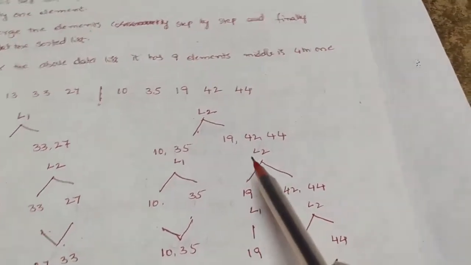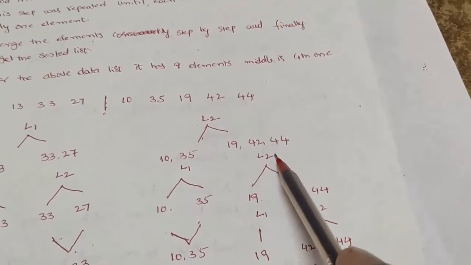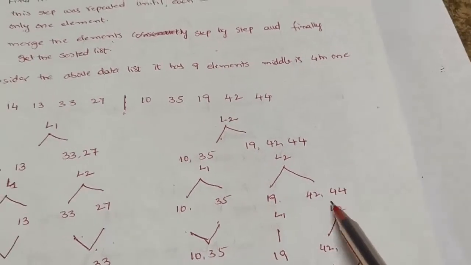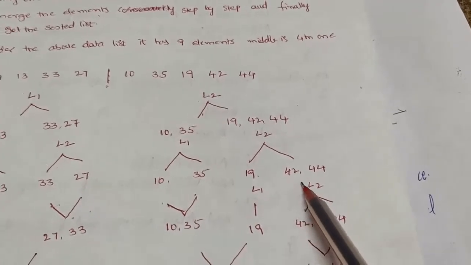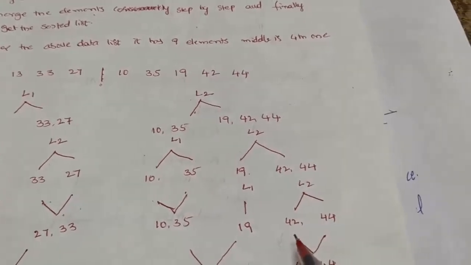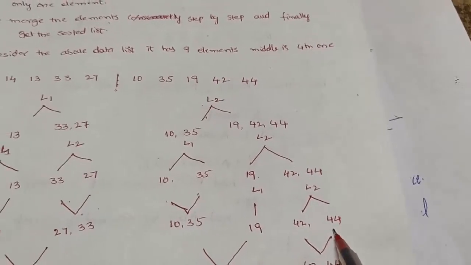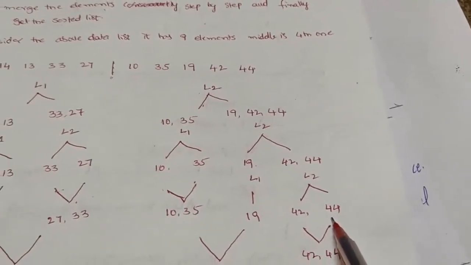Here we observe that by dividing the list into 2 sublists, 19 is in one sublist, and 42 and 44 in the other. Because this sublist again consists of 2 elements, we divide it into further sublists, each consisting of only one element.